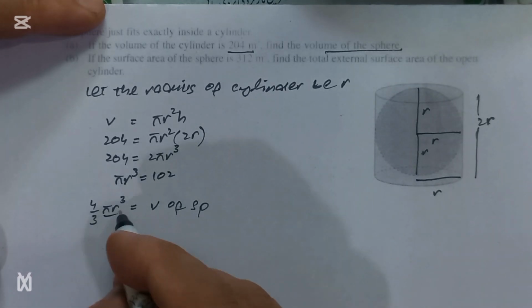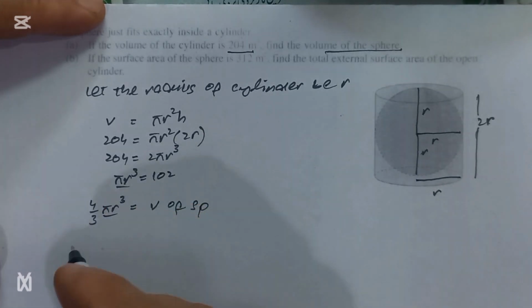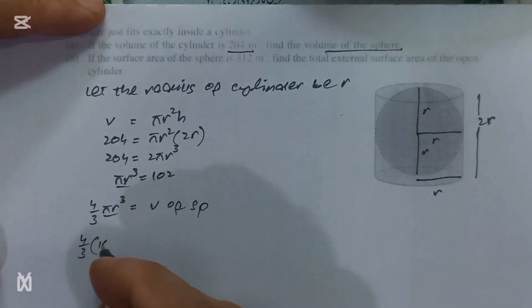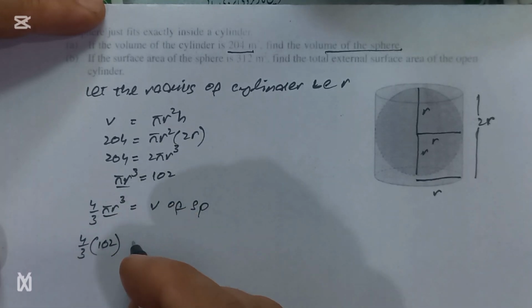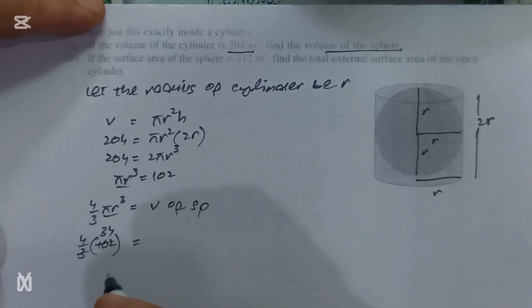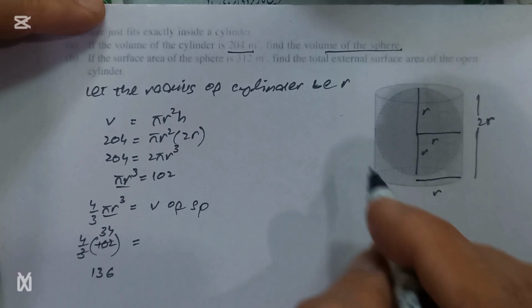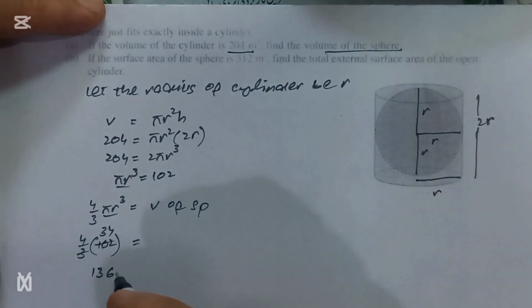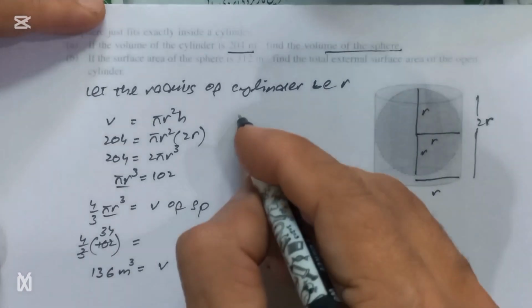Put the value of pi r cube from here. 4/3 will remain as it is. 102 will be put here. 3 3s are 9 and 3 4s are 12. 4 4s are 16. 3 4s are 12 and 13. So this is the volume of the sphere. Unit will be meter cube. This is the first part.